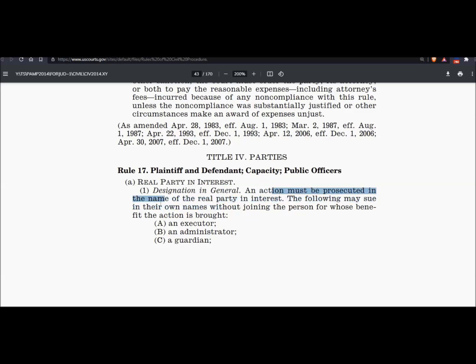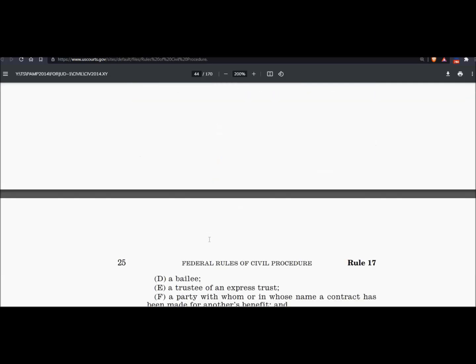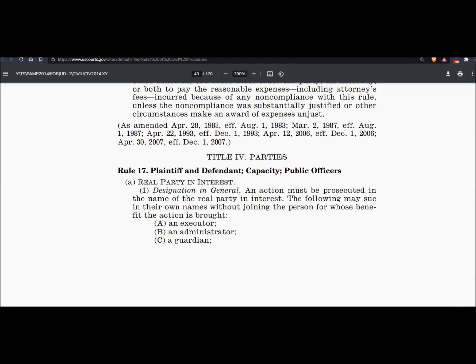The following may sue in their own names without joining the person for whose benefit the action is brought. This is showing you the capacity of what gives you standing to state a claim upon which relief can be granted. The executor, administrator, guardian. You hear a lot of people use these words, but they're not showing you these basic things.